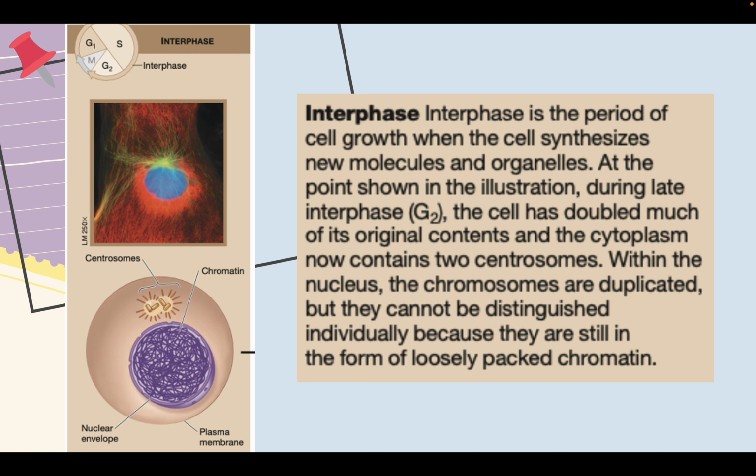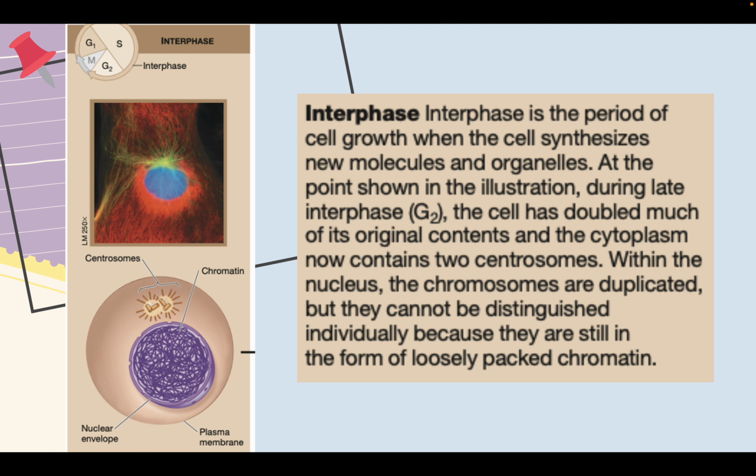So during the late interphase or the gap 2, the cell has made a lot of new stuff and there are now two centrosomes in the cell.